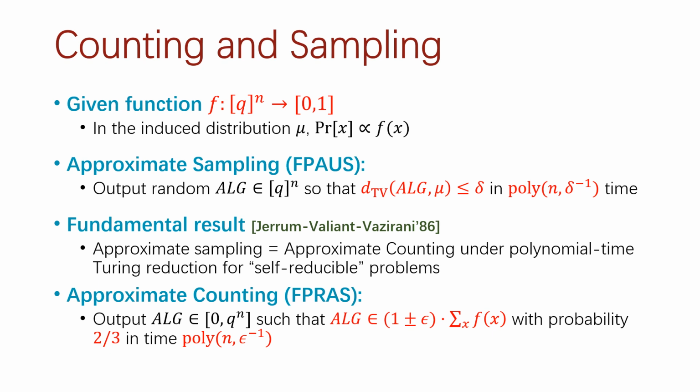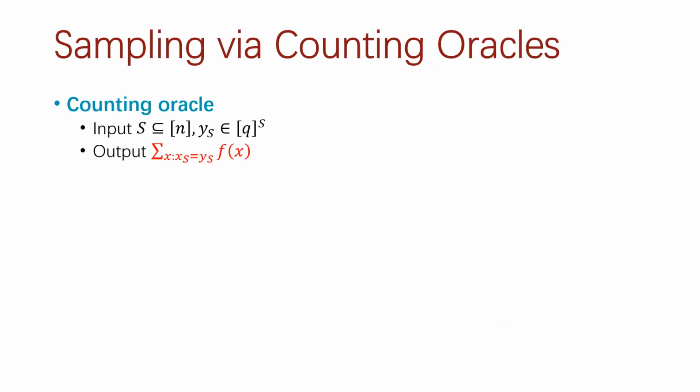So one way to solve the sampling problem is to access the counting oracle of f. More specifically, for self-reducible problems, the counting oracle takes any subset of coordinates S and any vector y restricted to S as input, and outputs the sum of f(x) for all x that agree with y on these coordinates.